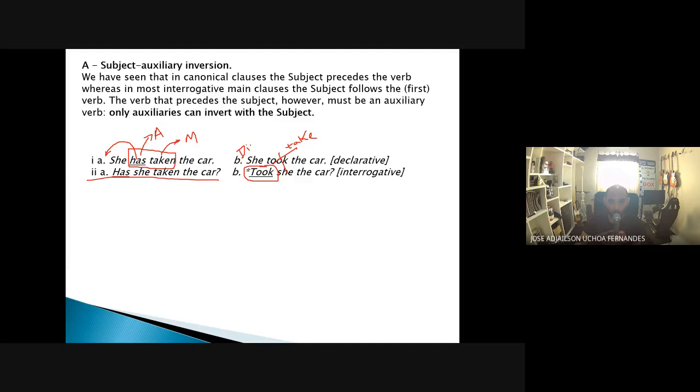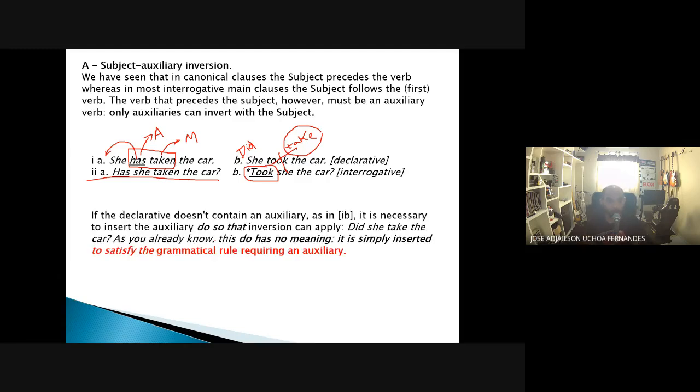And how do you know that? Well, the emphatic version for this sentence, she took the car, is she did take the car. When you want to emphasize the fact, you put the verb in the plain form and you place a did. She did take the car. So when you invert, you have the interrogative.